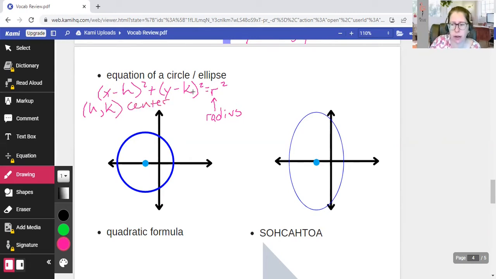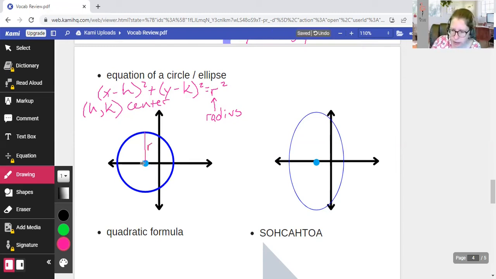Notice it's minus h minus k, but it's going to be just h, k as the center. So we would be able to look at this equation and then eyeball this circle. Normally, if they're going to do this to you on a question, they'll mark everything, of course, but I can know that this is r.